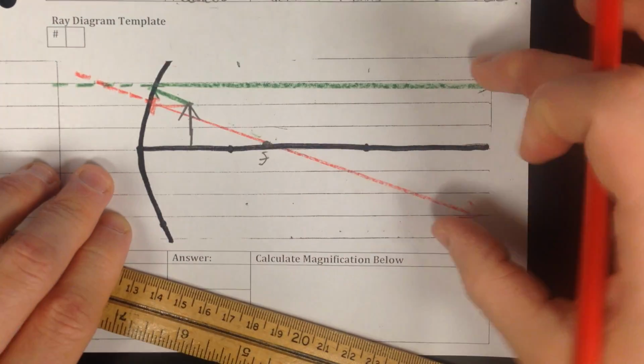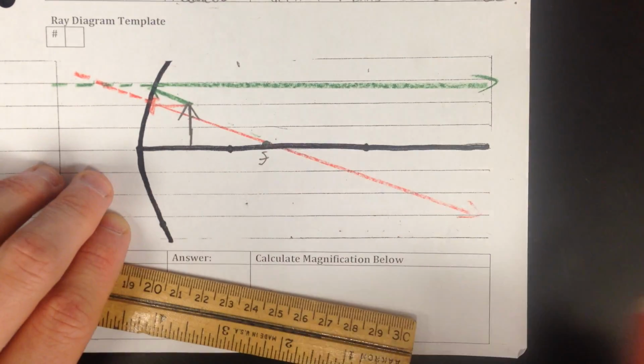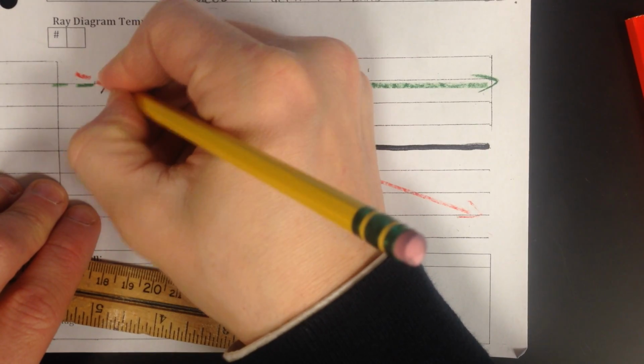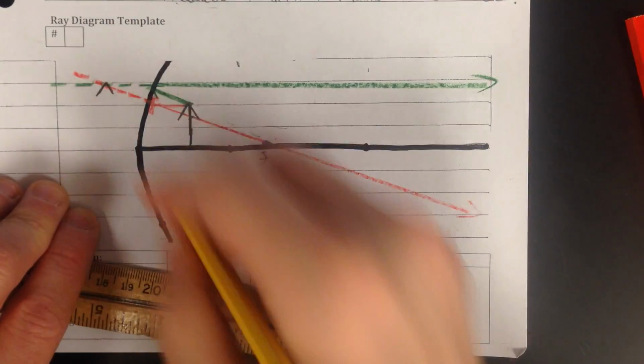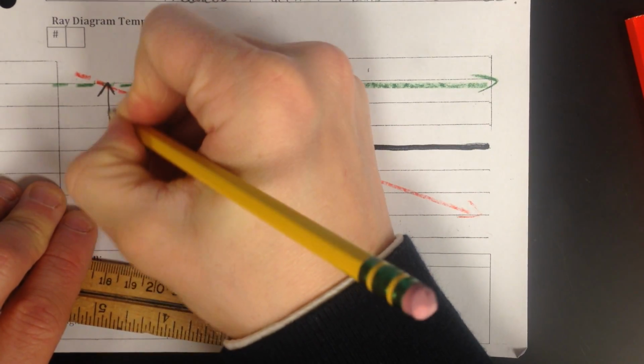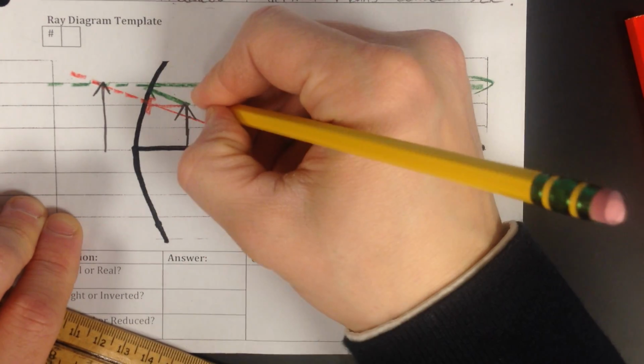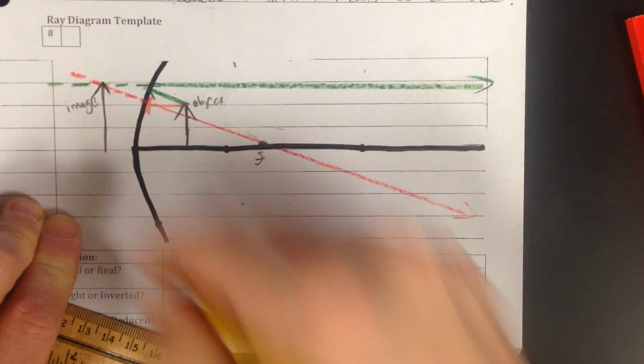So I'm tracing the reflected rays back behind the mirror. And where they meet up, or I think they meet up, is back here. 3 lines high at that point right there. So this was your object, this was your image, right?